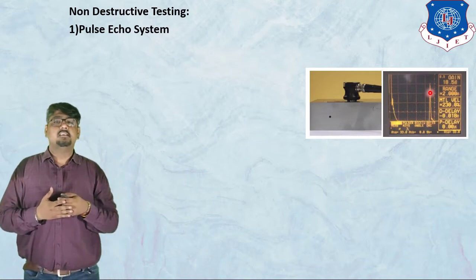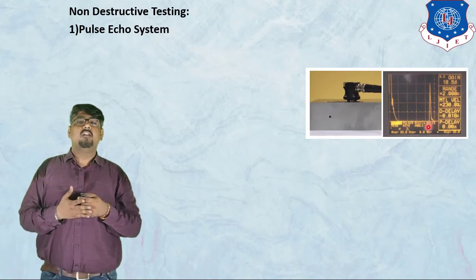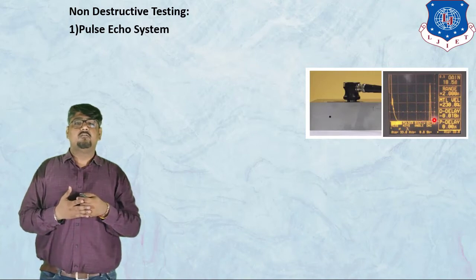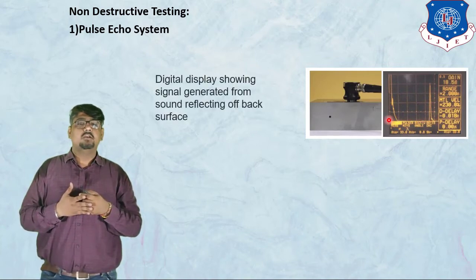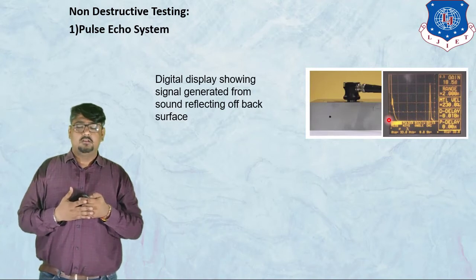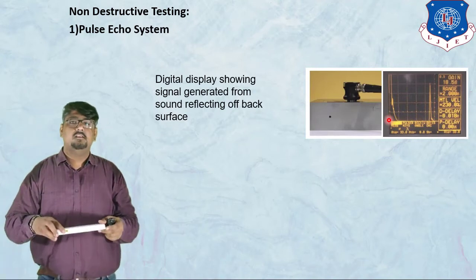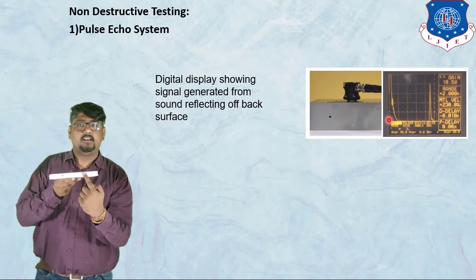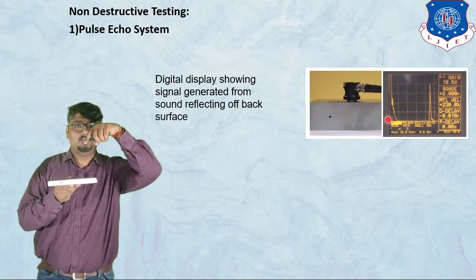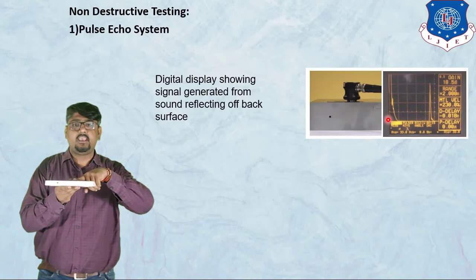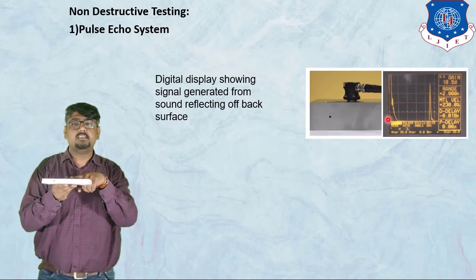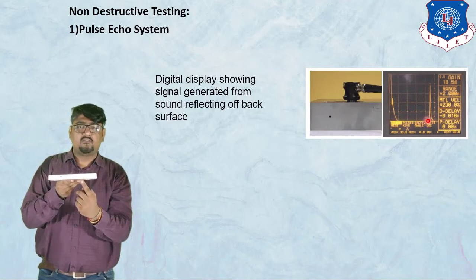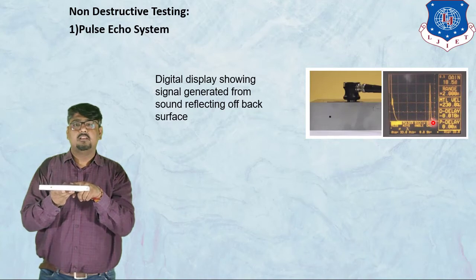The display shows the signal generated from the sound reflecting off the back surface, that is C. Because there is no defect right now, the sound is being sent, and on surface A the first peak is there. At the end, for surface C, the other peak is there.